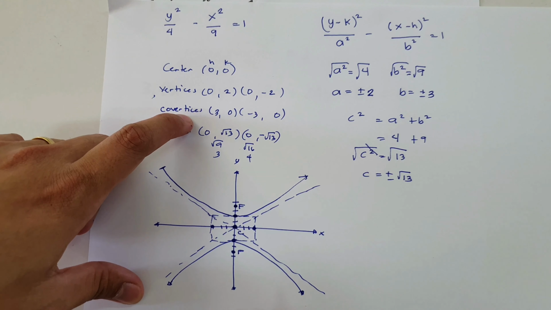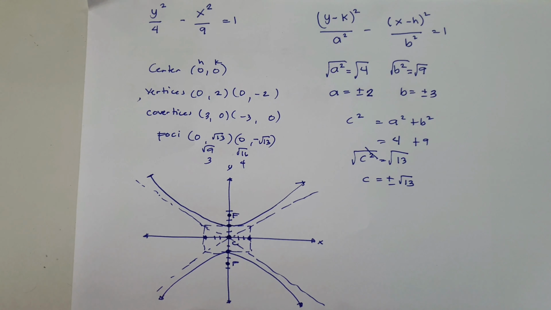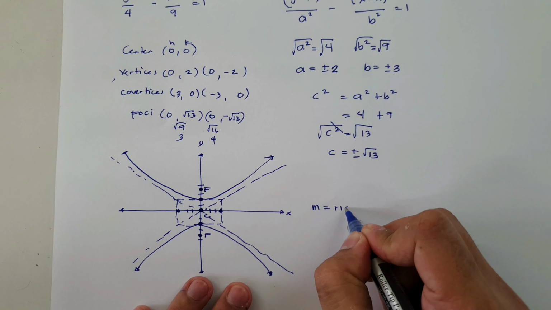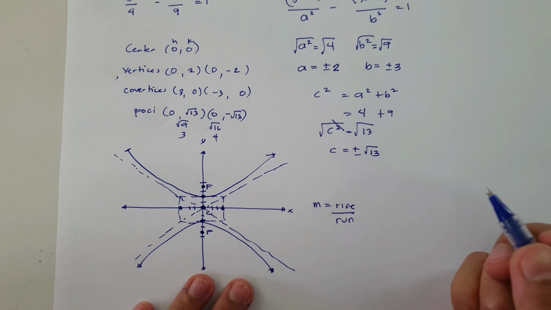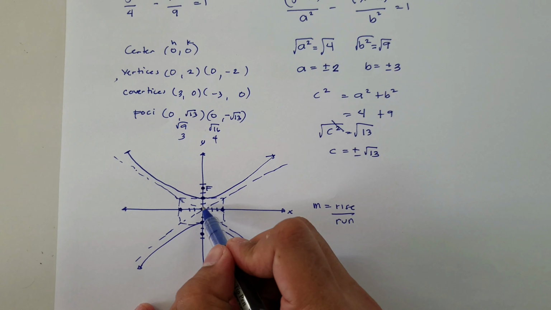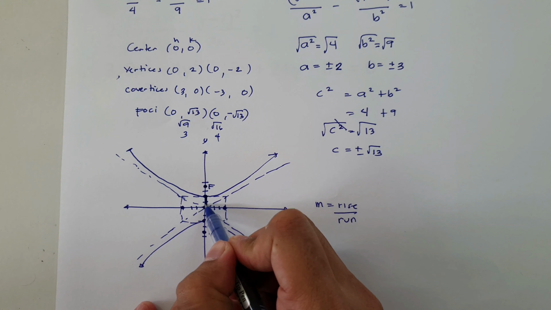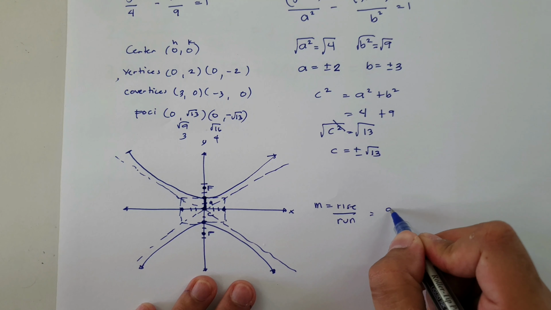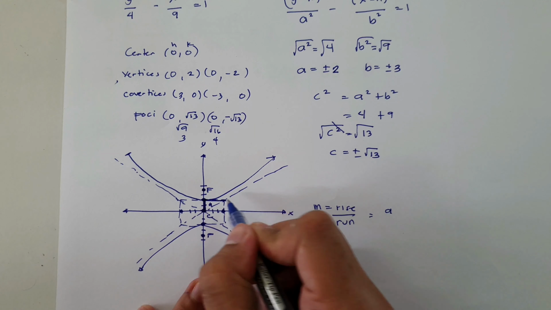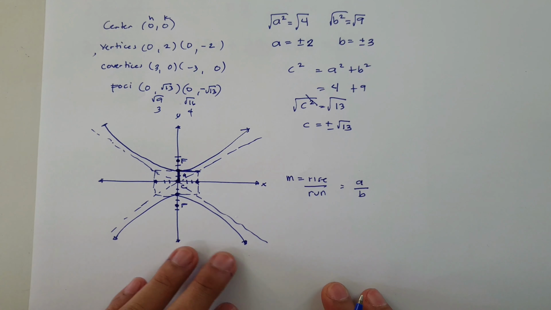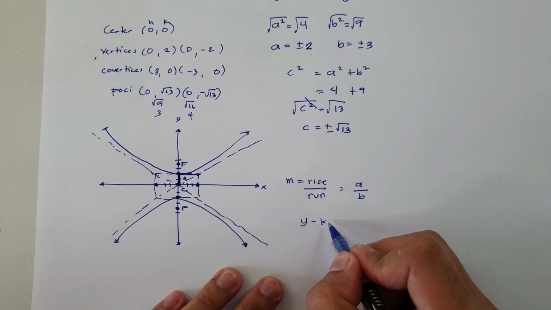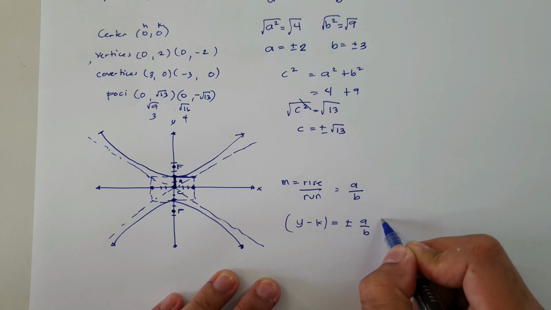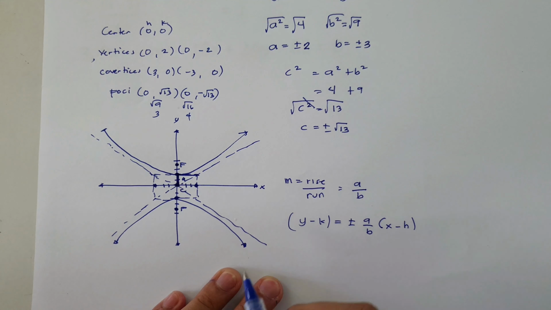Now, how can we determine the line of asymptote? Whenever we have the line of asymptote, we are using the slope, that is rise over run. And whenever we have a center and vertices, the distance from center to vertices is always the value of a. So rise here is the value of a, and run is the value of b. Therefore, we have y minus k equals positive negative a over b times x minus h.